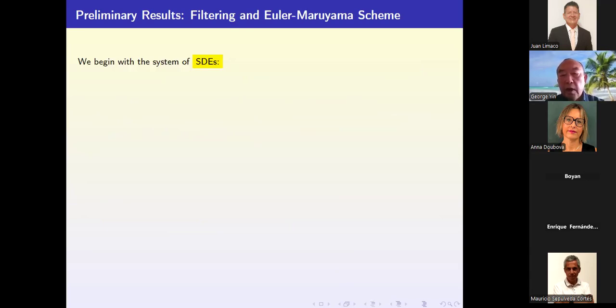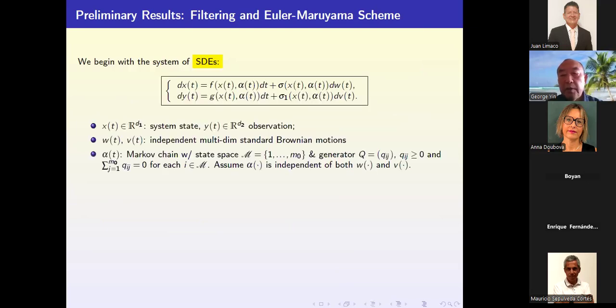So now how do we start? We begin with the following system of stochastic differential equations, the one I wrote before. Then we numerically solve this, because you do have the equations, but in the problem you don't know exactly what the x is.